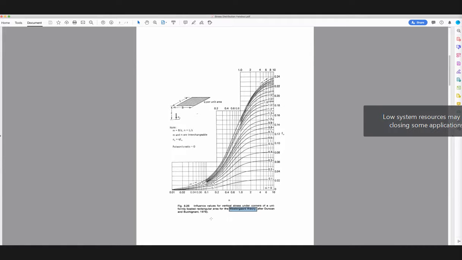But the rest of it remains entirely intact. I would say Boussinesq is probably more the go-to technique, more the default, but Westergaard is absolutely available.